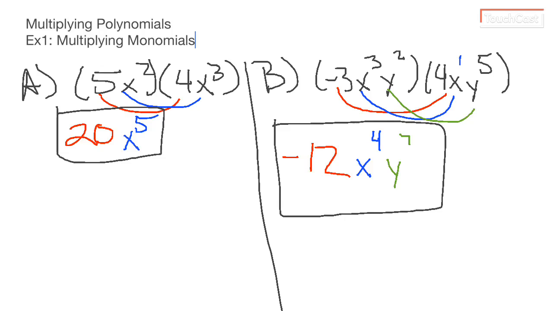Let's look at another one, where in this example, we're going to multiply a polynomial by a monomial. So again, we're going to do two of these.